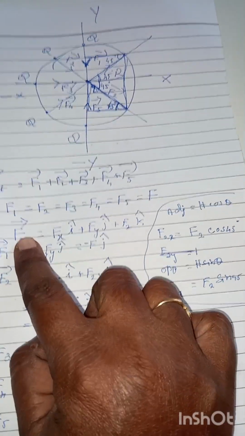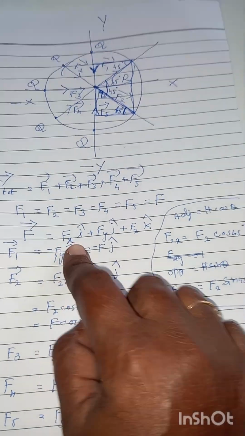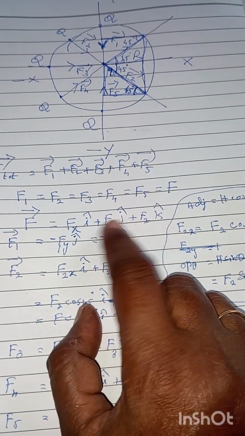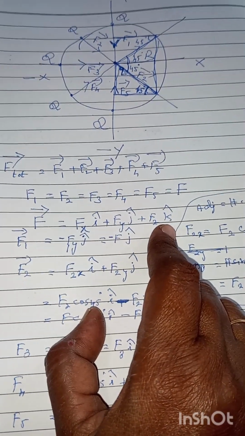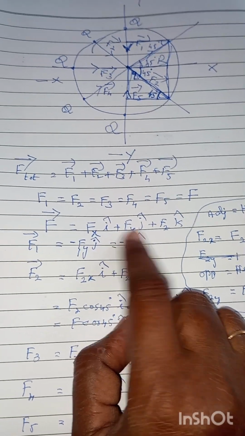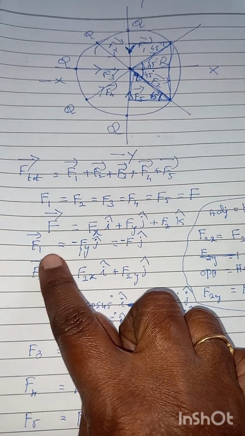And generally a force F can be written in terms of its components as Fx i plus Fy j plus Fz k, where i, j, k are the unit vectors. Fx is the x component of vector F, Fy the y component, and Fz the z component.